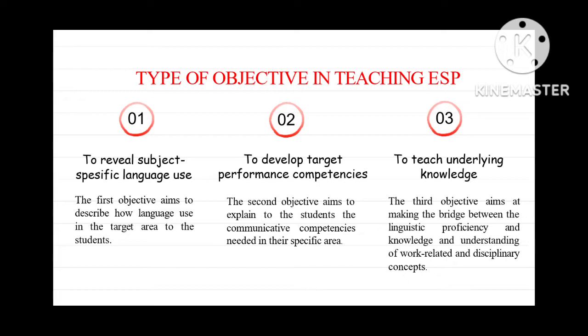Next, types of objective in teaching ESP. According to Basturkmen 2010, there are 5 types of objective in teaching ESP that are: first, to reveal subject-specific language use. The first objective aims to describe how language is used in the target area to the students.